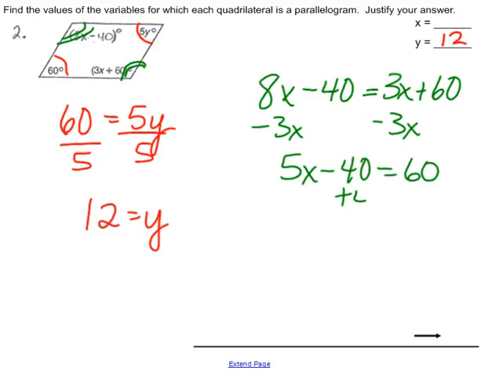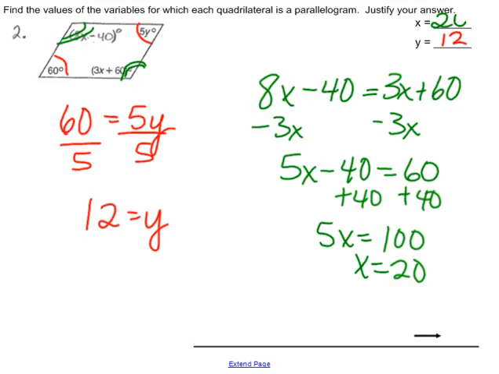I'm going to add 40. So I end up with 5x equals 100. So x equals 20. You'll notice this line down on the bottom here. That's where we're going to say opposite angles are congruent, then parallelogram.